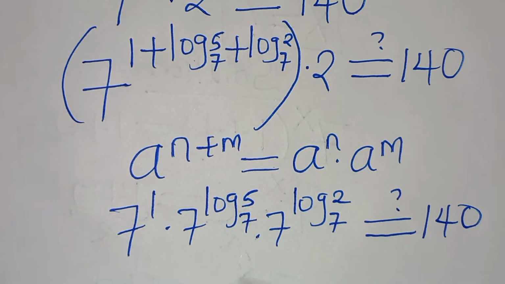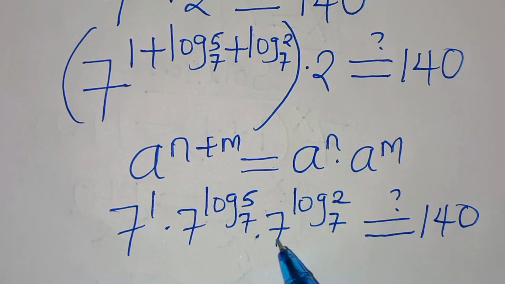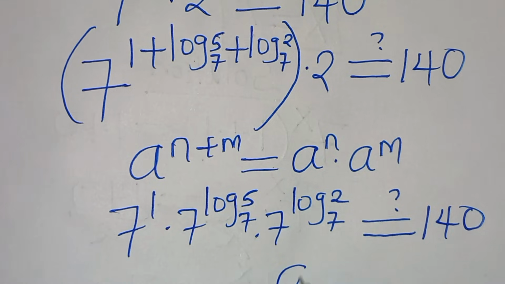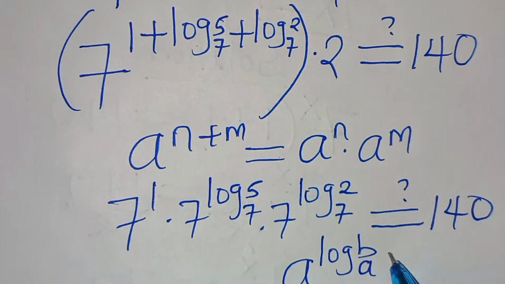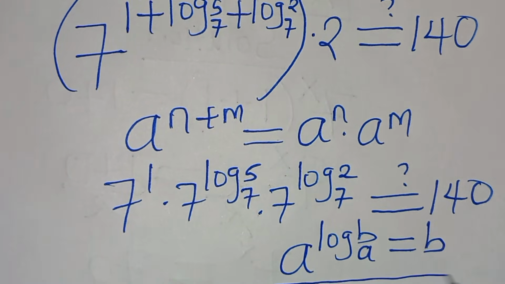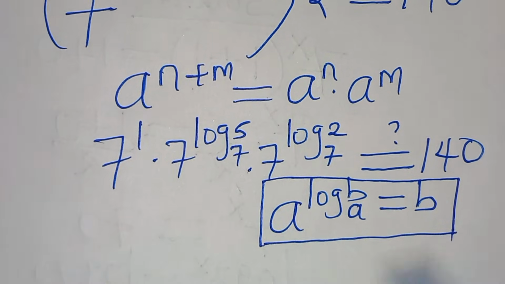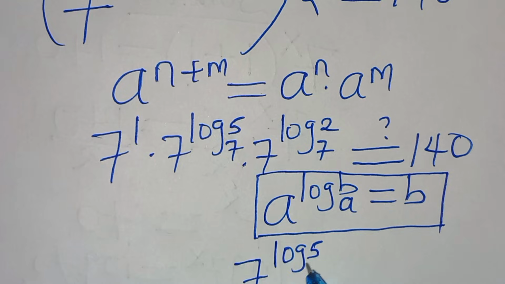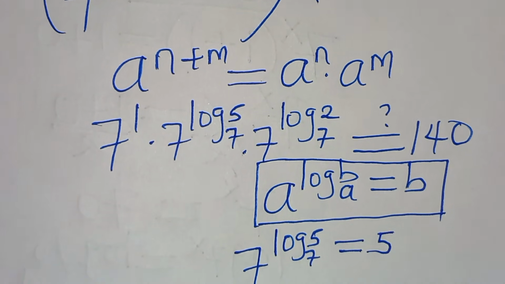Now, the next step is that 7 to the power of log 5 to base 7 and 7 to the power of log 2 to base 7. This is in the form of a to the power of log b to base a. This is equal to b. So applying this logarithm property, then we have that 7 to the power of log 5 to base 7. This should give us a value of 5.